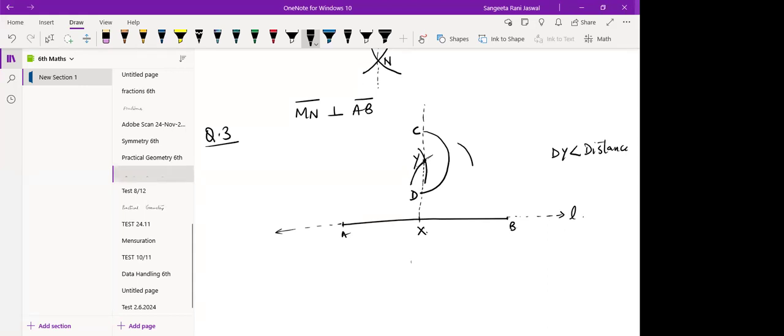Now, with the same compass measurement, keep your pointer at C and make another arc like this, so that both the arcs cut each other.